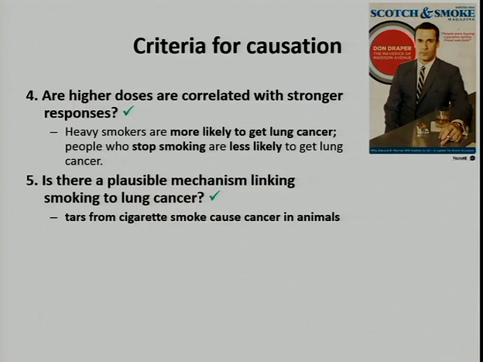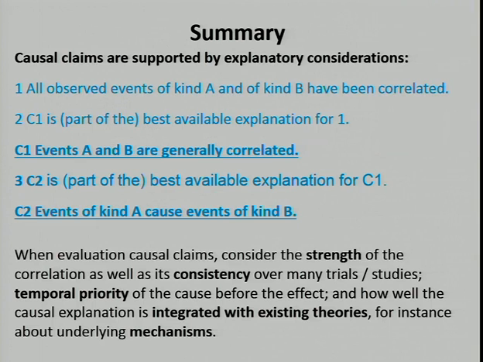And there's a known mechanism, and this is where animal models, as is often said, come in. Tar would be the likely mechanism behind it. So that would be just one case of a strong correlation that fulfills all of our criteria and gives really good evidence for a causal explanation.